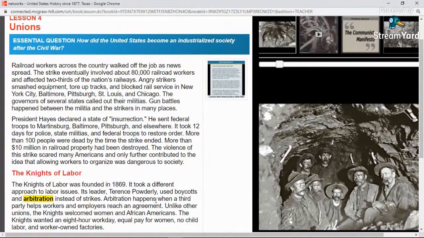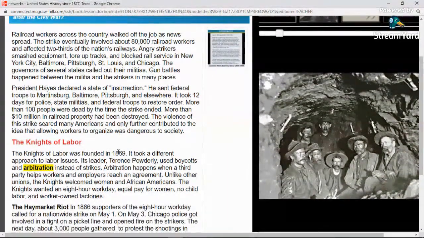President Hayes said it was an insurrection. The people were trying to take over the government. He sent federal troops to stop all of this. It took 12 days for police to restore order. More than 100 people died by the time the strike ended, and more than 10 million dollars in railroad property had been destroyed.